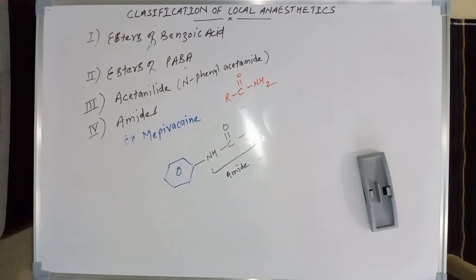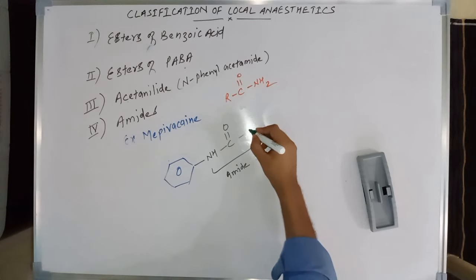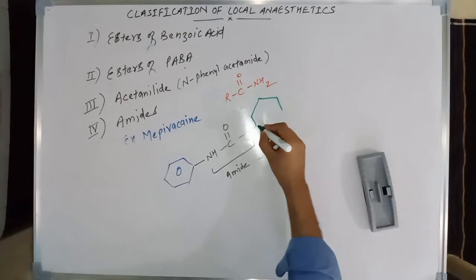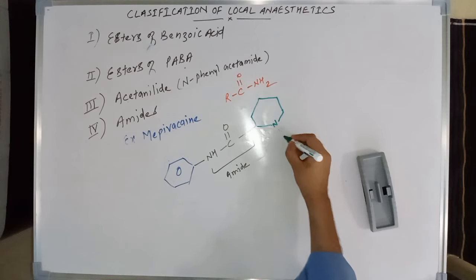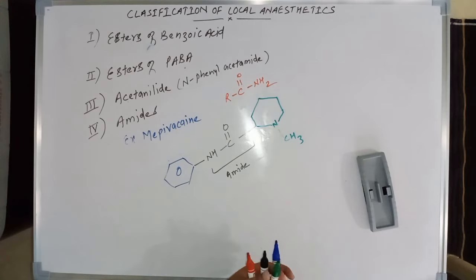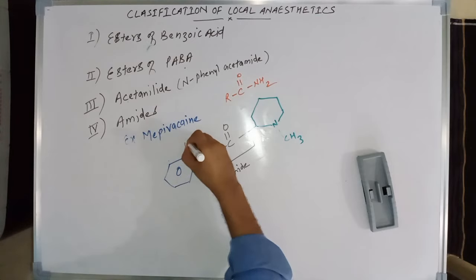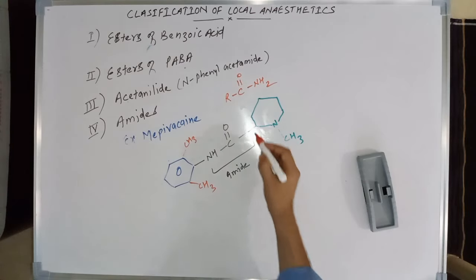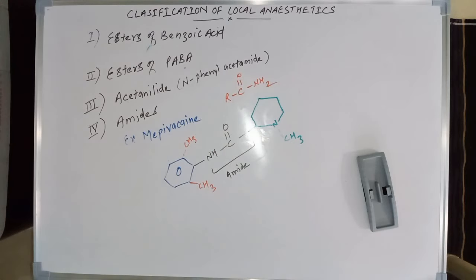R here is nothing but a piperidine ring, N-methyl piperidine, and this phenyl ring becomes xylene, CH3, CH3. So RCONH2 amide. This is your amide, mepivacaine.